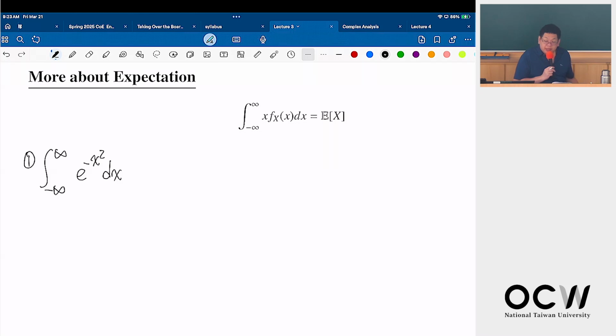In the past, when you did calculus, you set up I equals this, and you combine both. But this time, if you see e to the minus x squared, we can rewrite it. Let's have e to the minus x squared divided by 1.